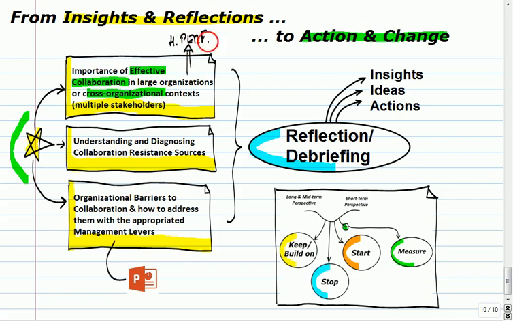The second objective was to try to focus on resistance, understand that if collaboration does not take place, it is because there are a number of resistance sources that we have to learn to identify. And the third point was to focus on organizational barriers and how to address them.